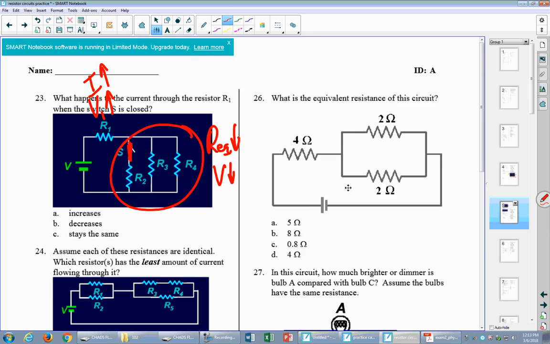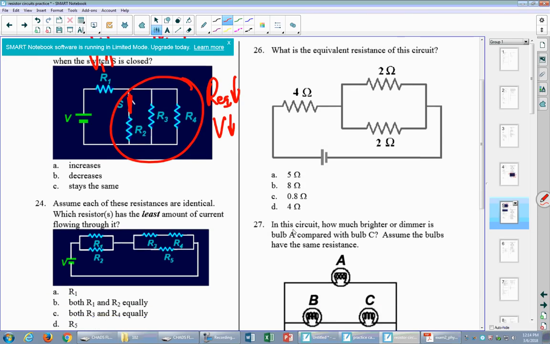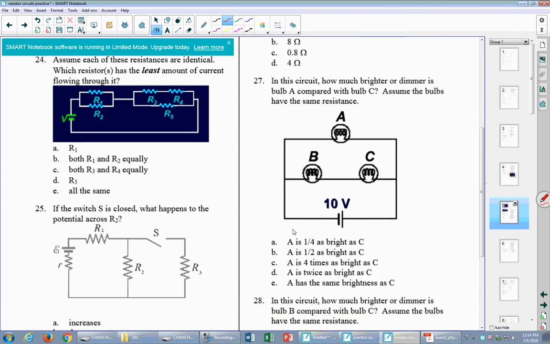It's going to increase as well, because V is equal to IR, for R1 that is. V1 is going up, that means I has to go up too. You're giving more energy to this resistor, and so you're going to get more current across it. 27? Okay.